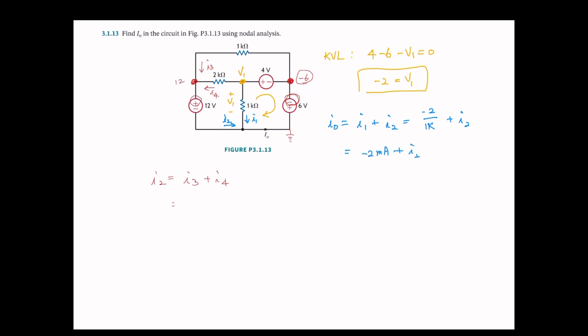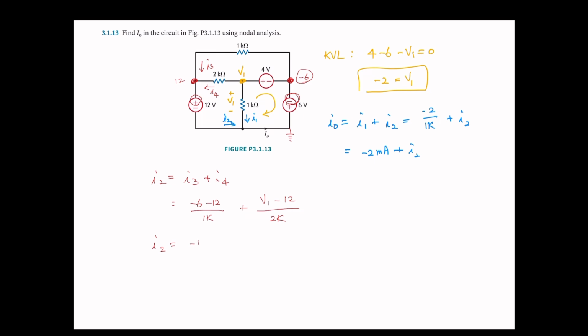So I sub 3 is going to be negative 6 minus 12 over 1K plus I sub 4, V1 minus 12 over 2K. And then I sub 2 equals negative 18 milliamps plus, we said V1 is negative 2, negative 12 over 2K.